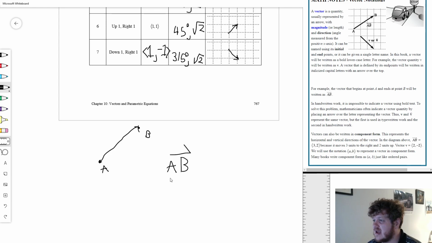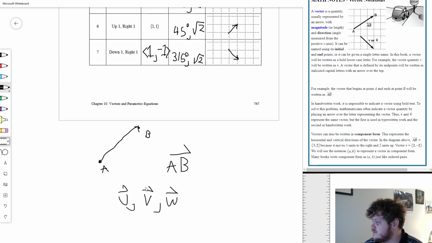So we'd have vector AB. Alternatively, we could call it a particular letter. Usually we have 3 primary letters. We have U, we have V, and we have W. These are the common vector labels we use, mostly for mathematics.